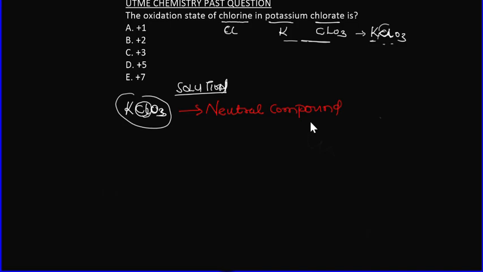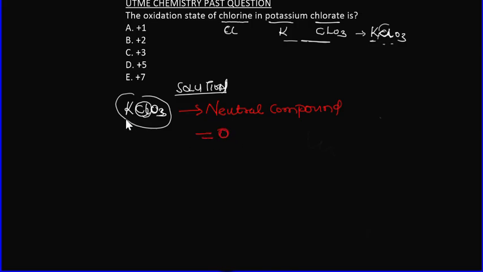The rule states that the sum of the oxidation numbers of the atoms of individual elements that make up a neutral compound is equal to 0.